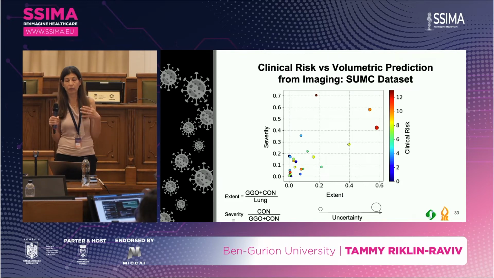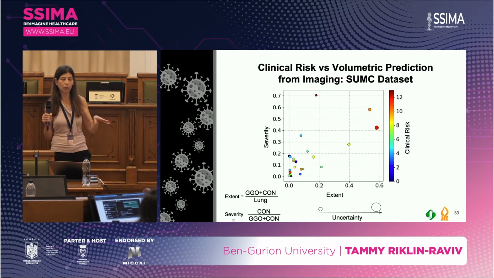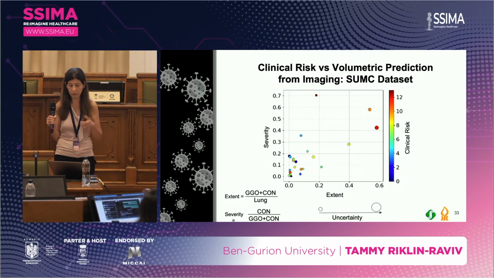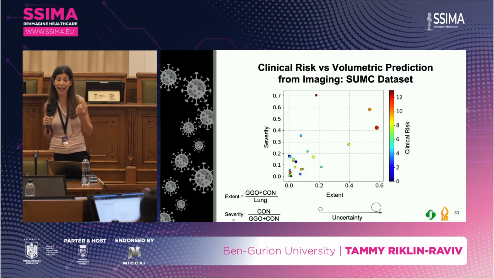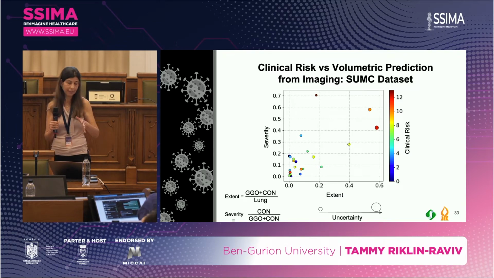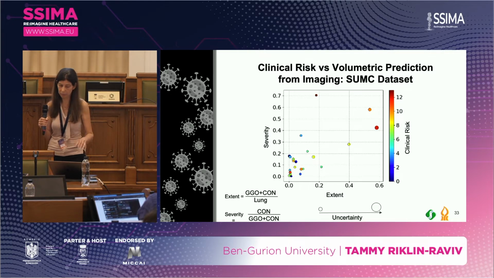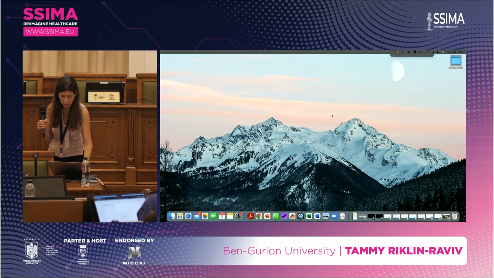On the other end, there was an old female whose lungs were completely clean, but she had diabetes and suffered from many other problems, and she was old, and she got a very high clinical risk score while her lungs were relatively clean. So I think this might be a good starting point. Obviously, we need to continue working on it.